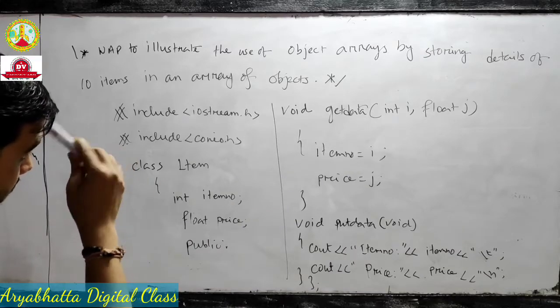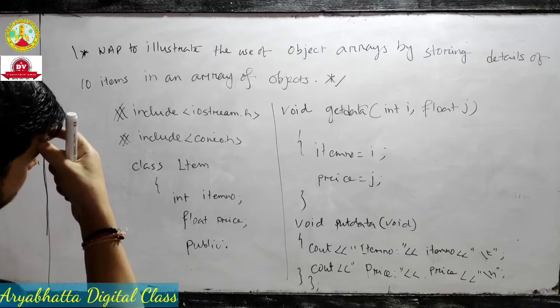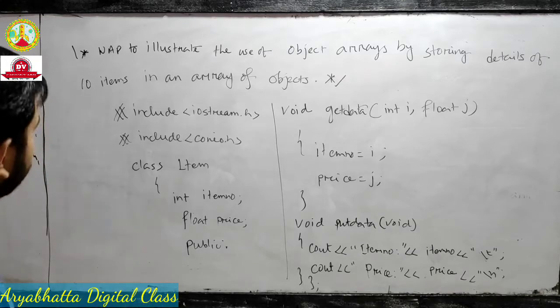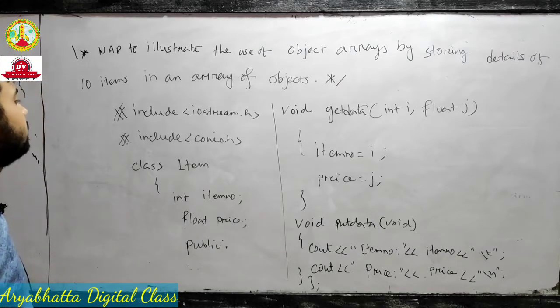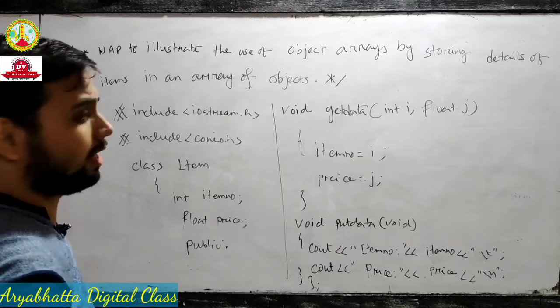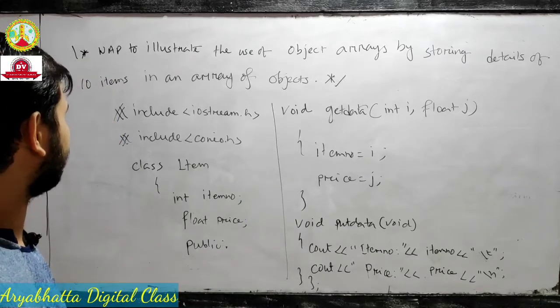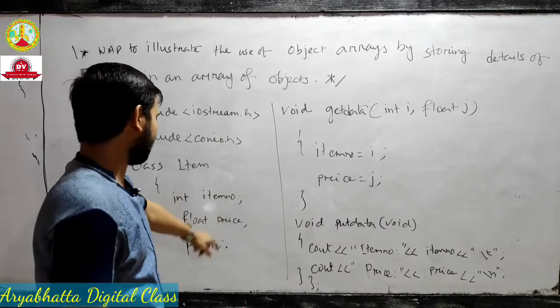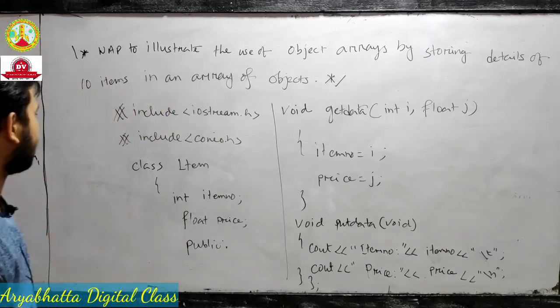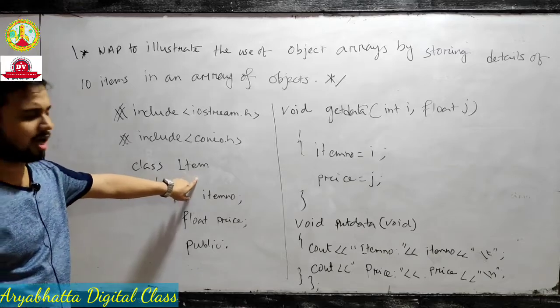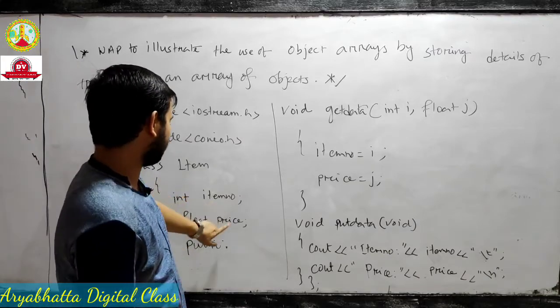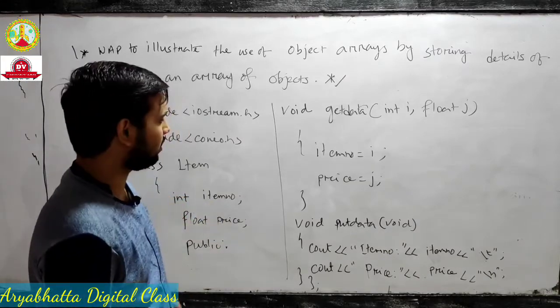First of all, I will tell you this thing. What is the program objective? Write a program to illustrate the use of object arrays by storing details of 10 items. We have to store the details of 10 items in an array of objects, meaning item number, price, etc. The class name will be item, with data members item number and price. The access specifier is public.